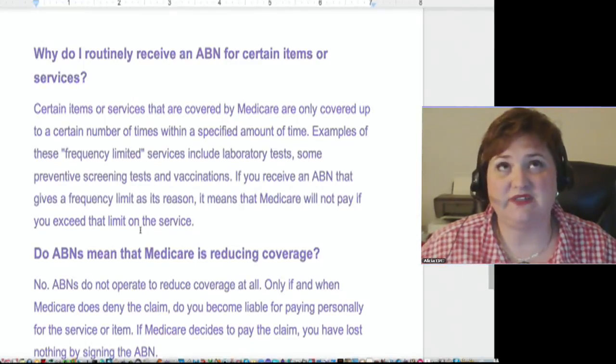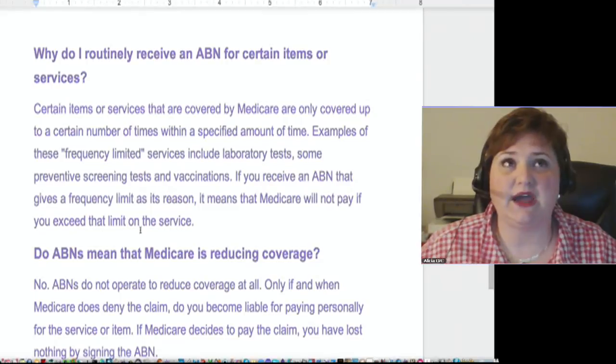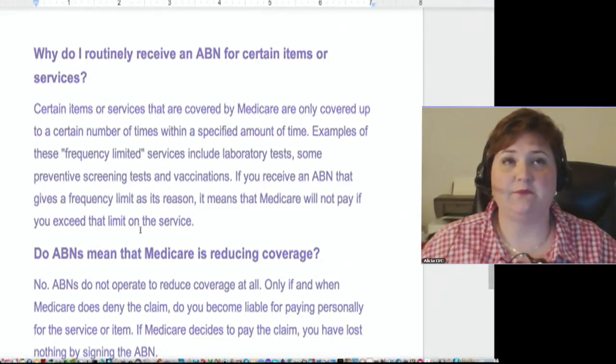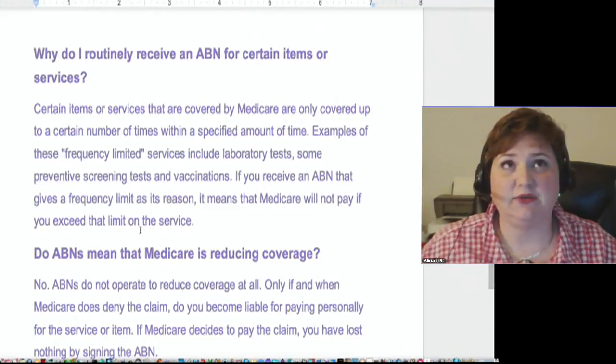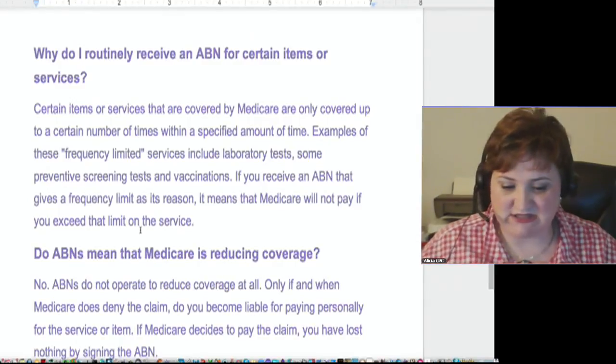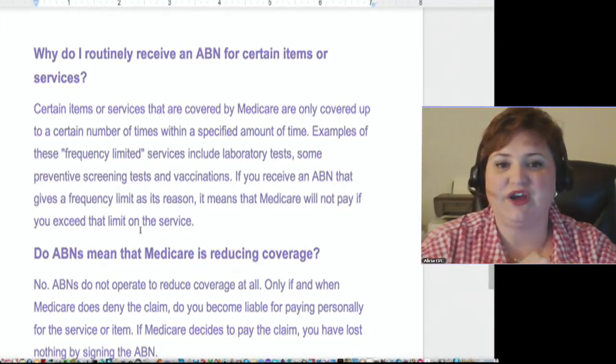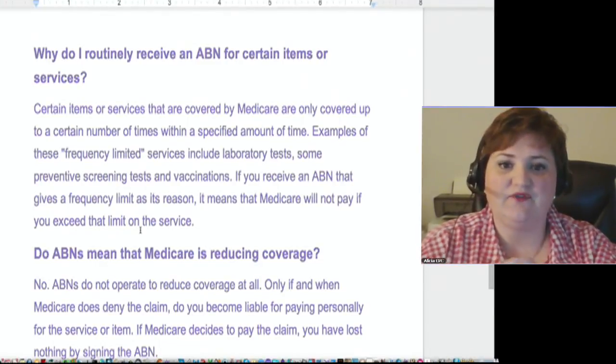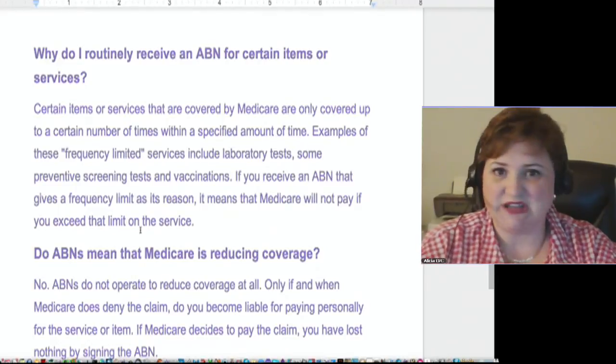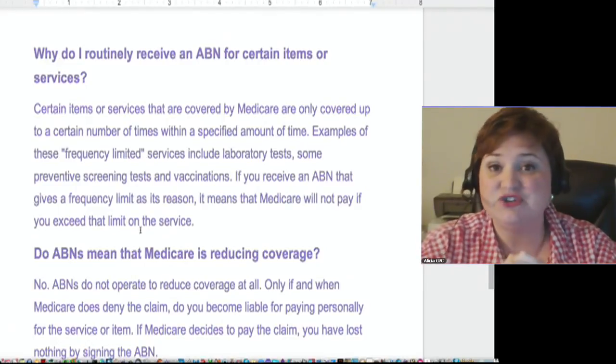An example of this, and I'm not sure if this would be one, but it could be like a flu shot, pneumonia shot, and the shingles shot. Maybe it only pays for you to have a certain number of those vaccinations in a year. Maybe you can have 2, not 3.